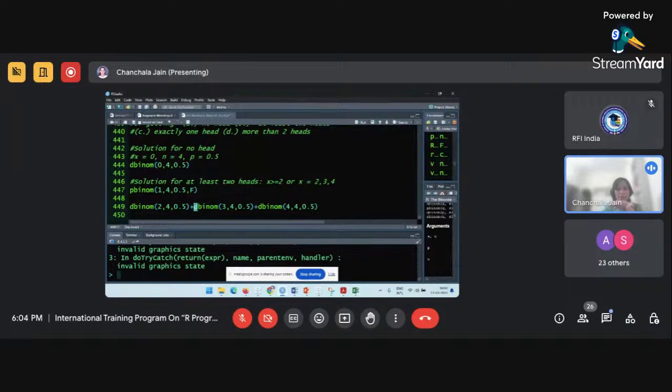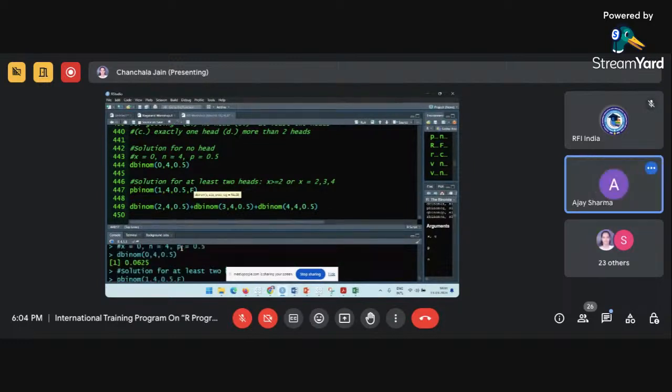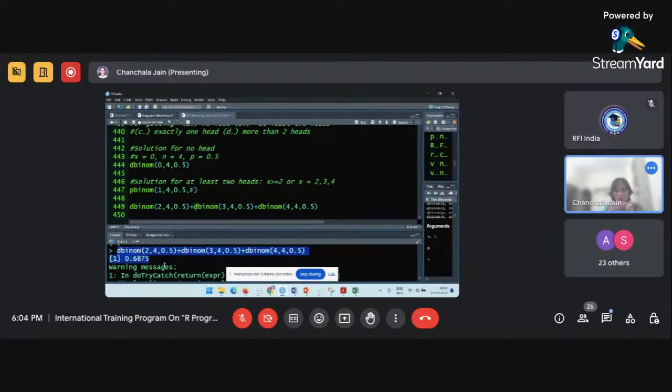You can press enter and add them one by one. This is also possible, right? Yes, ma'am. Although it is giving you an answer, you can see here the warning I have highlighted. It is returning the same answer.